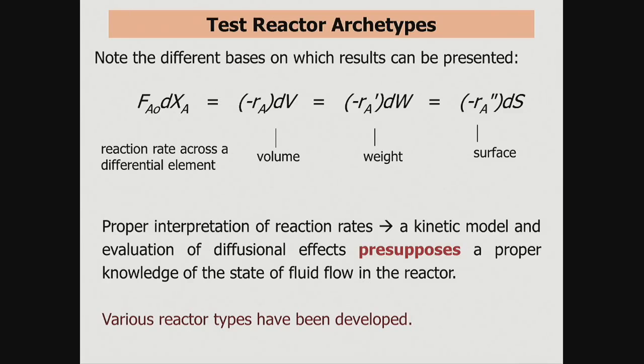We won't discuss everything on there, but if we just look at what we should be covering, note that the different bases on which we can get results are, remember that bit, it's always the first half of that equation: the molar flow rate in, times the change in conversion, the rate of change in conversion in effect, equals the rate times the volume of the contents.